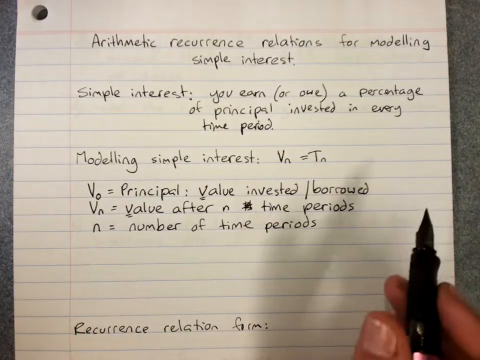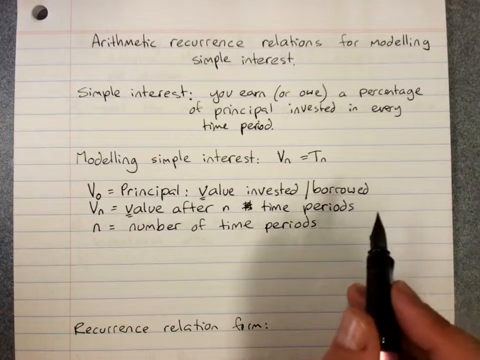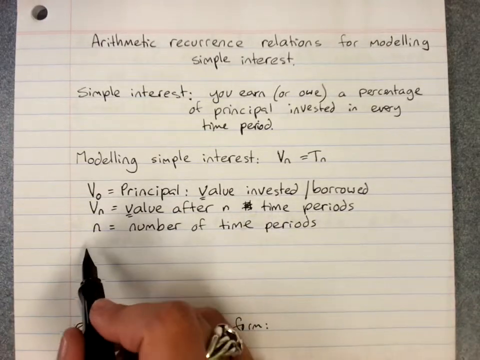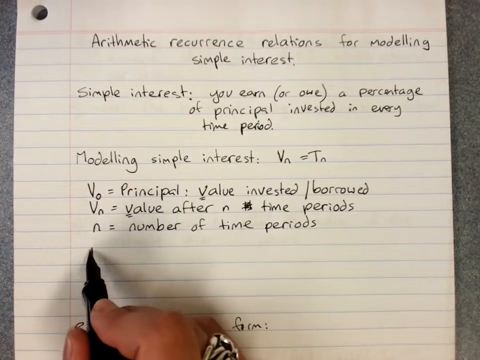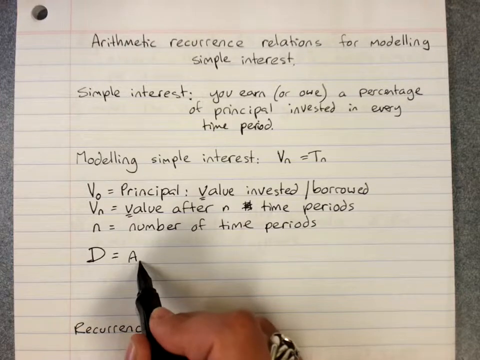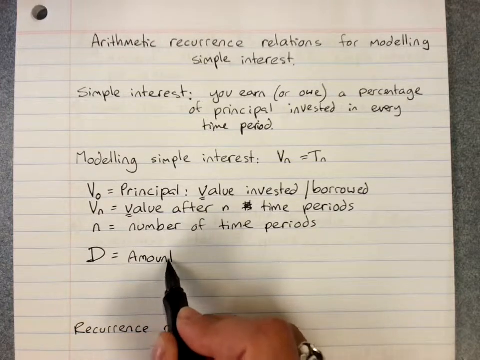Now, normally in our interest calculations, we're looking for R, the interest rate that we're getting. But actually what we're going to use is capital D, and that is the amount of interest paid every time period.